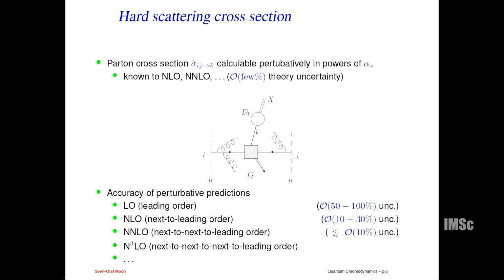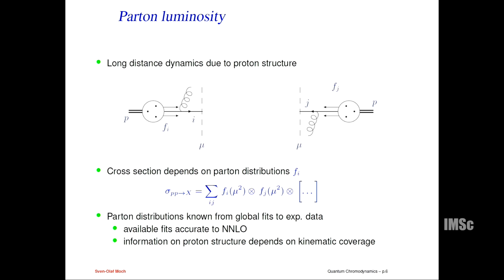This can be achieved by going to next to leading order, or in some cases even beyond this, when you have very precise measurements with only a few percent uncertainty. So this is roughly the way forward, and I would like to walk you through those steps.